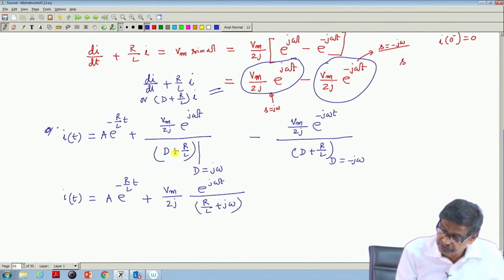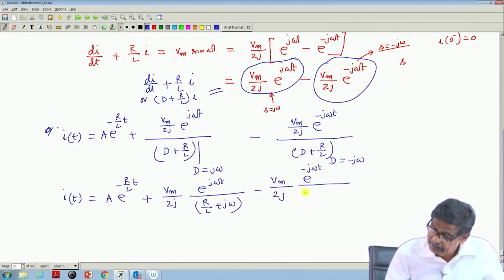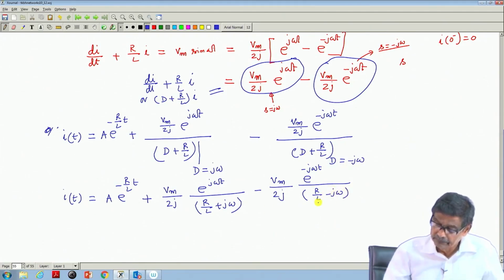For D you have to substitute j omega. Minus V m by 2j into e to the power minus j omega t divided by, here for D you have to substitute minus j omega. So, it will be R by L minus j omega, is it not.